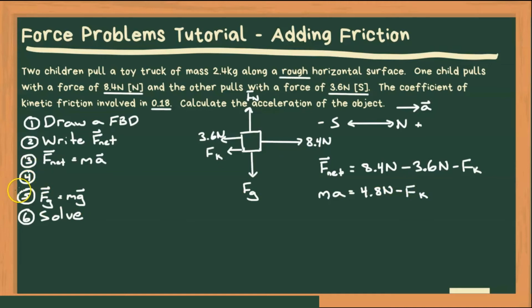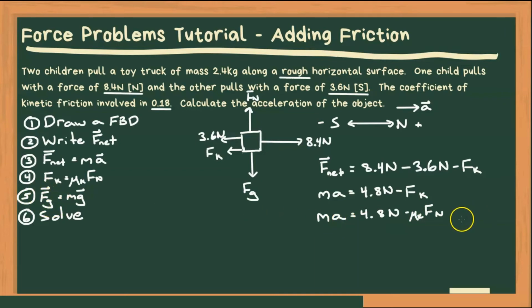Step 4, we're going to substitute our equation for kinetic friction, and that is that Fk is equal to the coefficient of kinetic friction times the normal force. Let's substitute that in for Fk. So that leaves us with ma equals 4.8 newtons minus mu k Fn.